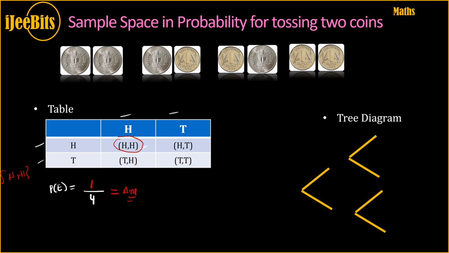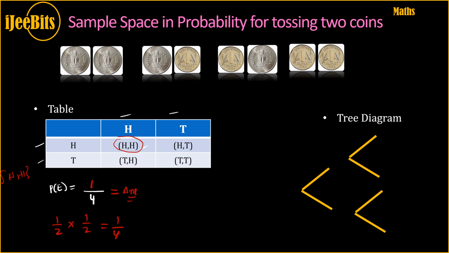Agree? 1 by 4. Ideally speaking, you have two coins. For getting head in one coin, how much is the probability using one toss? It is 1 by 2. Similarly, the probability of getting head with the second coin is 1 by 2. So 1 by 2 multiplied by 1 by 2 is 1 by 4.